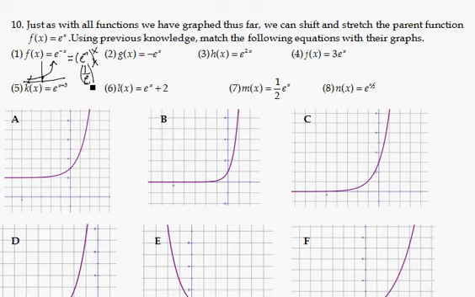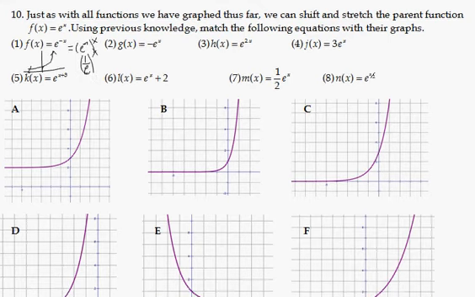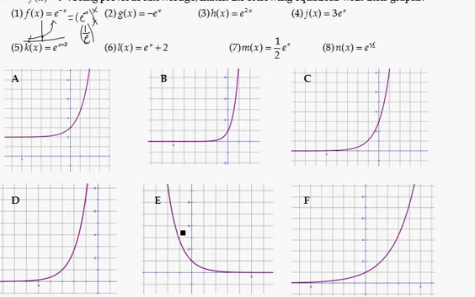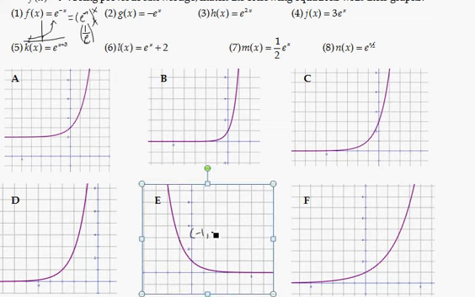So we're looking for whichever graph matches with that, and it looks like graph E is going to be our choice. Notice that it has a y-intercept of 1. It's decreasing. If I plugged in, say, -1, it looks like it's passing through the point -1, comma, e, which is 2.718. So that makes sense. So number 1 is going to be graph E.